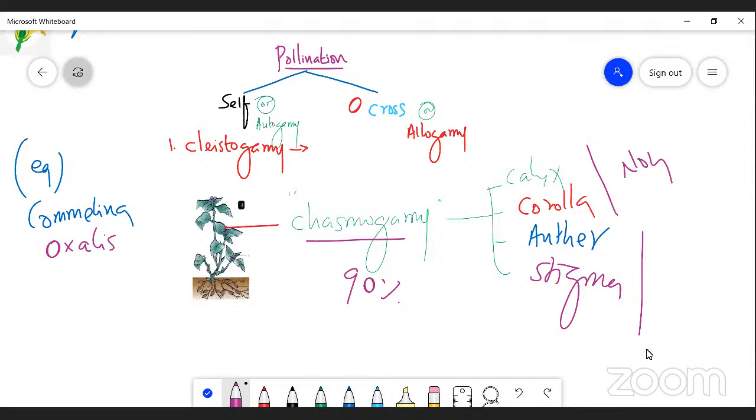So chasmogamy is nothing but a kind of pollination in which there is a transfer of pollen from anther to stigma, during which the floral parts open, exposing the male reproductive organ and female reproductive organ. Hence, the pollen grains are deposited on the stigmatic region. Such a condition is said to be chasmogamy, and the flowers involved in such a manner are called chasmogamous flowers.